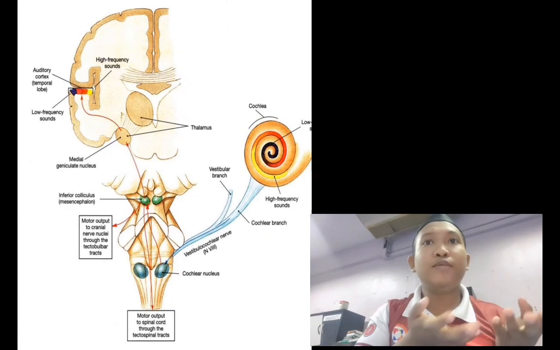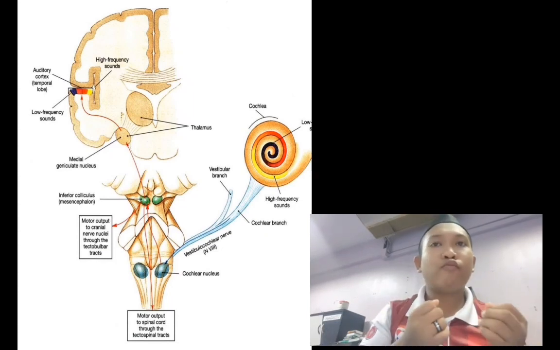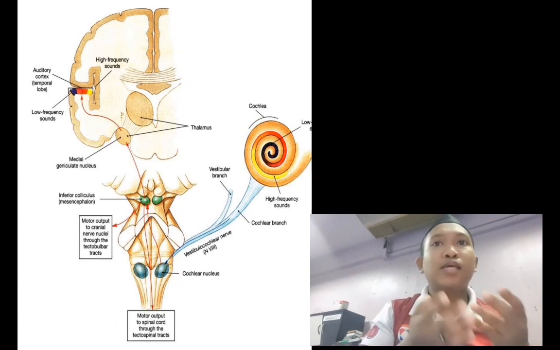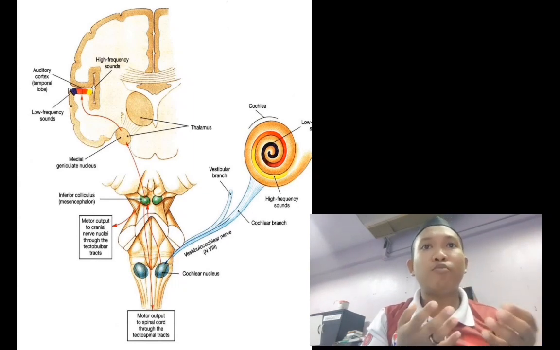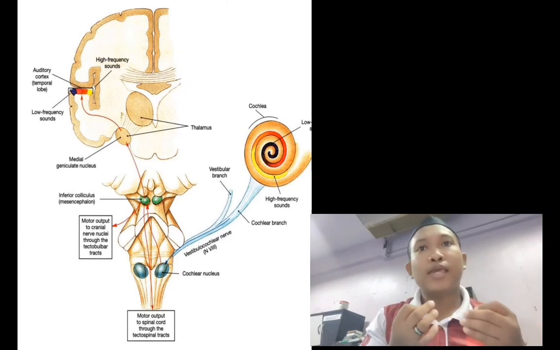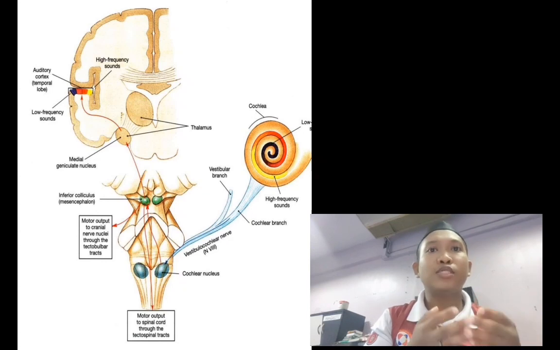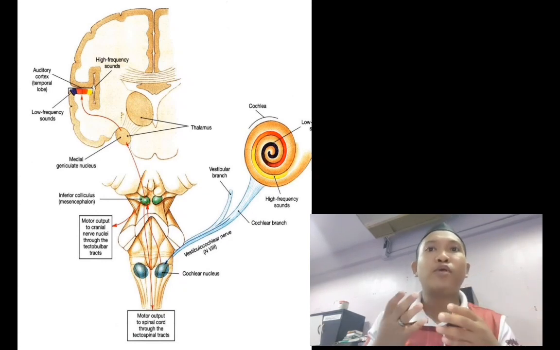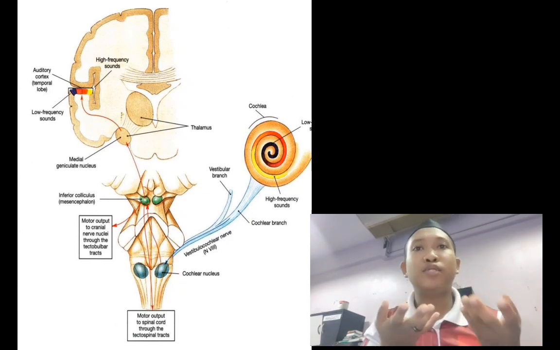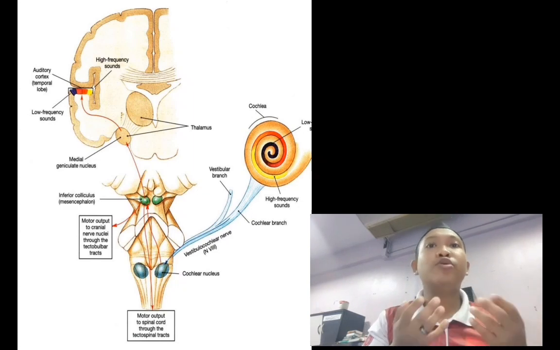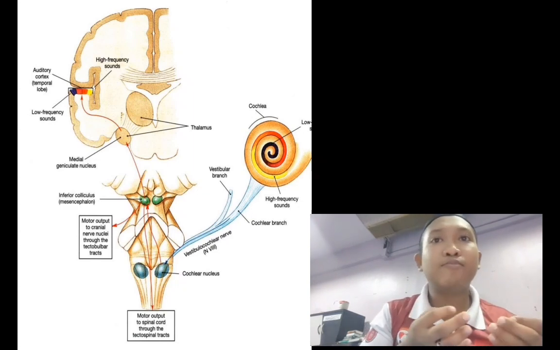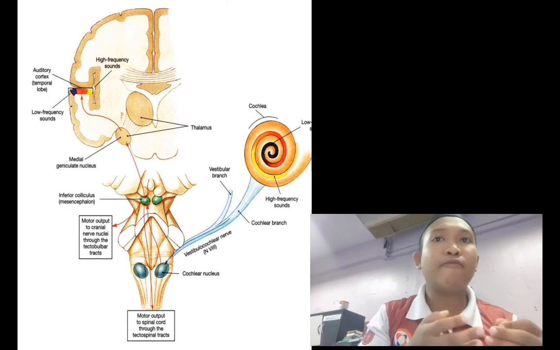Next is the auditory pathway. The cochlear nerve forms the cochlear branch of the vestibulocochlear nerve. These axons enter the medulla oblongata and synapse at the cochlear nucleus. The information crosses to the opposite side of the brain and ascends to the inferior colliculus of the mesencephalon.